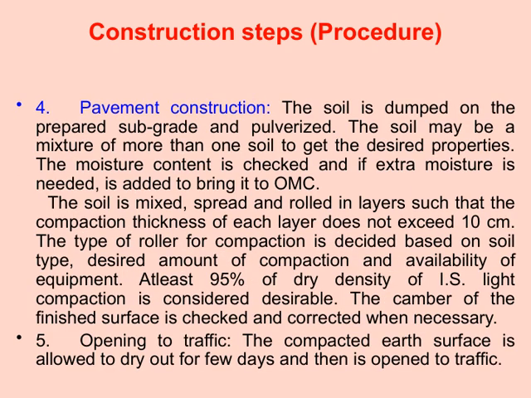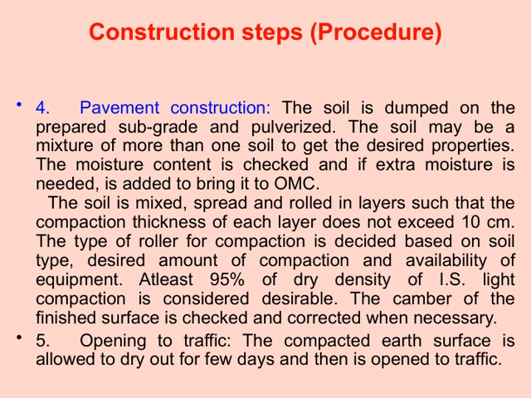Now, let's talk about the pavement construction process. First, the soil is dumped onto the prepared subgrade and then pulverized. It's common to use a mixture of different soils to achieve the desired properties for stability and strength. After that, we check the moisture content of the soil. If there's not enough moisture, we add more to bring it up to the optimum moisture content, or OMC.